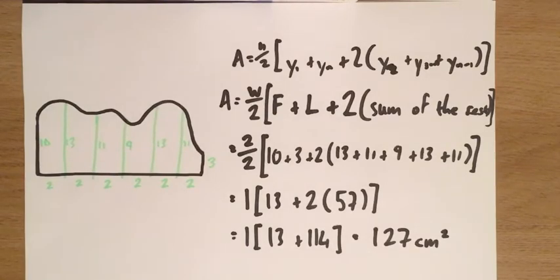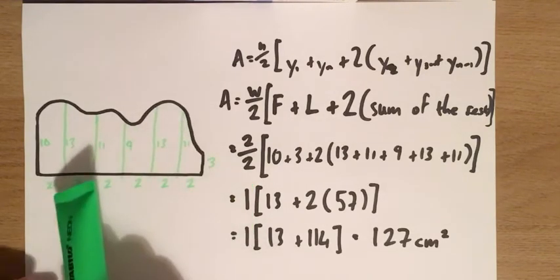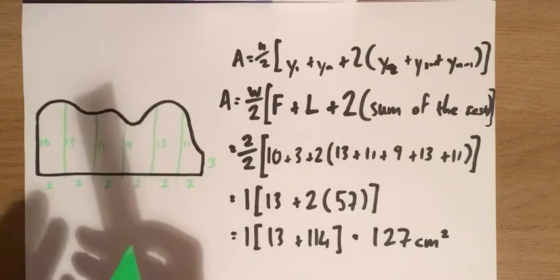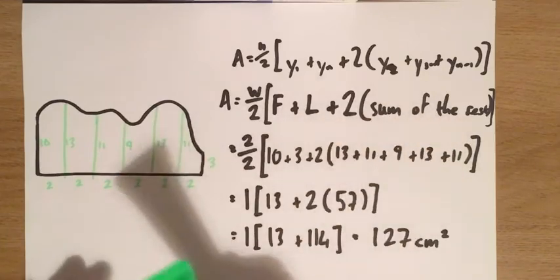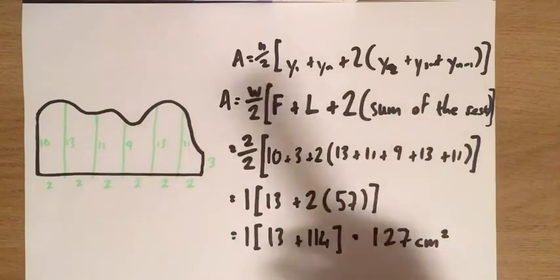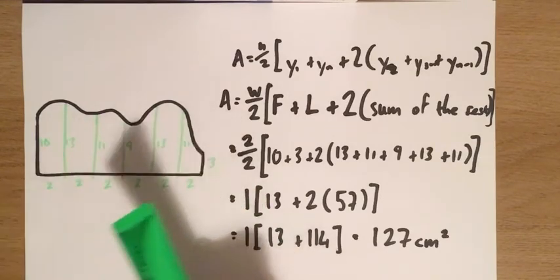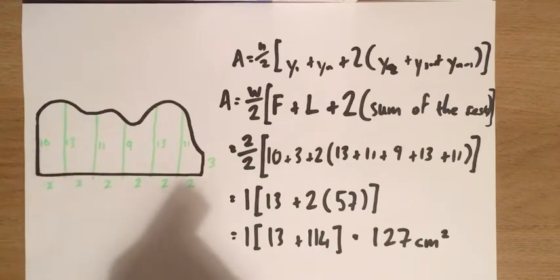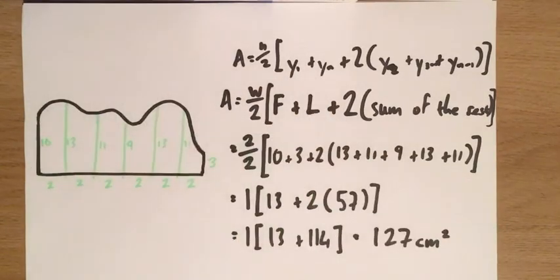Just to say, when you are dividing it up into strips, I could have divided this up into, instead of 6 strips with the width of 2, 12 strips with the width of 1. That would be fine as well. Or I could have done 4 strips with a width of 3 or whatever. The more strips you split it up into, so the smaller you make these sections, the more accurate your answer will be. So this 127 is just an estimate of the area.